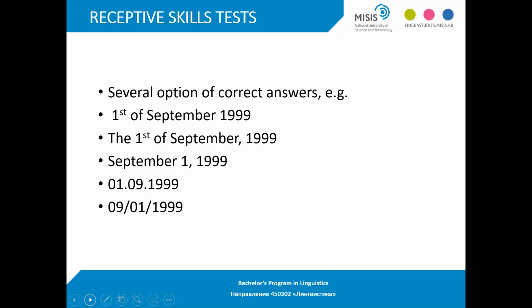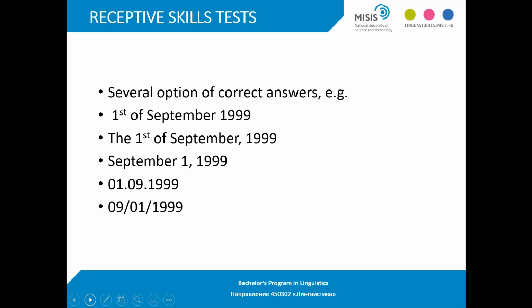In order for the computer to be able to recognize the correct answers, you need to feed the computer all the correct versions of how the 1st of September 1999 can be written, because there is no one single standard of how to write the date.